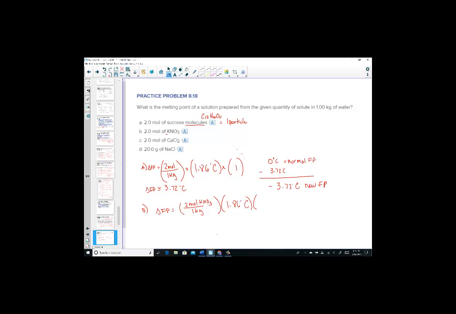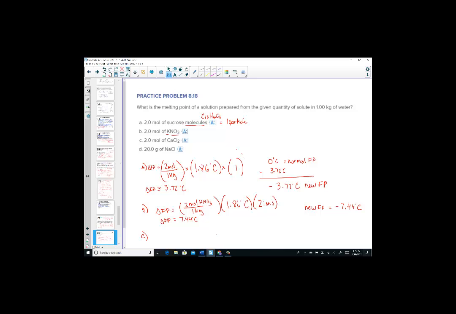And we remember that potassium nitrate contains 2 ions. 2 times 1.86 times 2. The change in the freezing point comes out to be 7.44 degrees Celsius. So the new freezing point is going to be 0 minus 7.44 or negative 7.44 degrees Celsius.